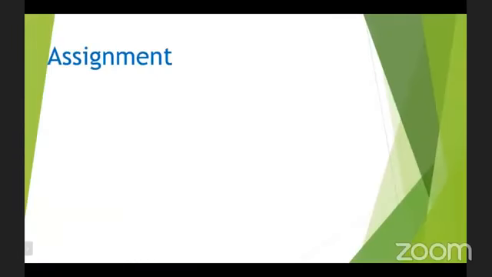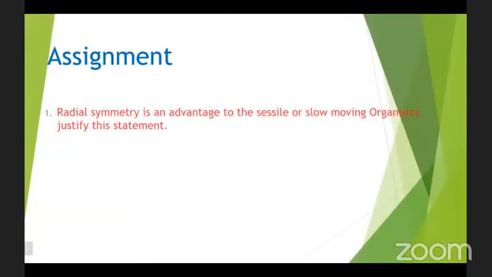First question for you: radial symmetry is an advantage to sessile or slow moving organisms. Justify this statement. I repeat the question once again. Radial symmetry is an advantage to sessile or slow moving organisms.